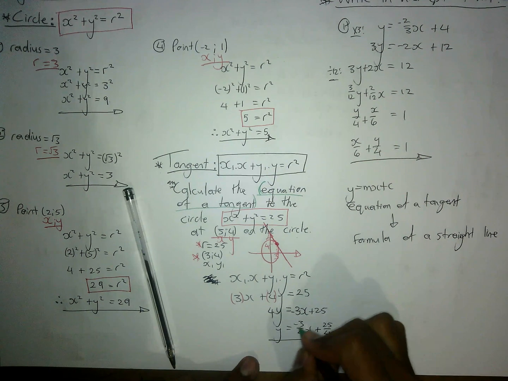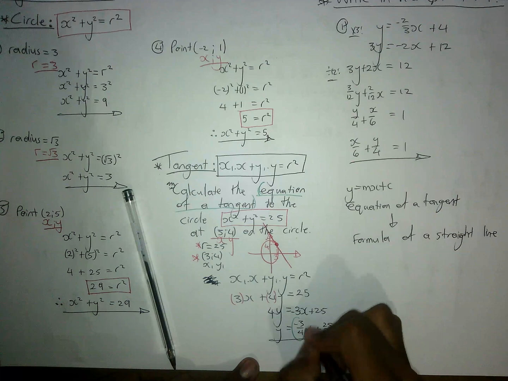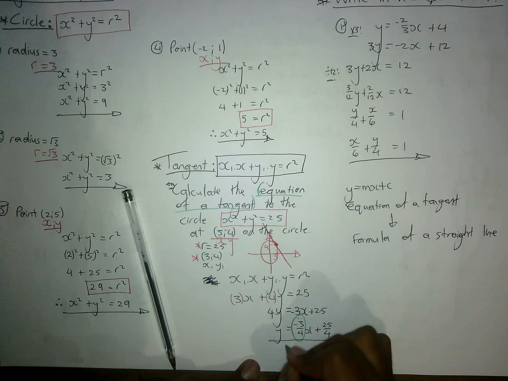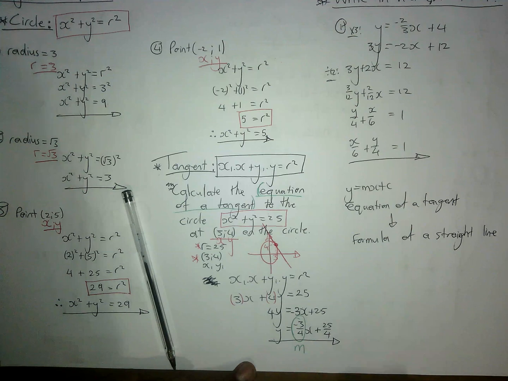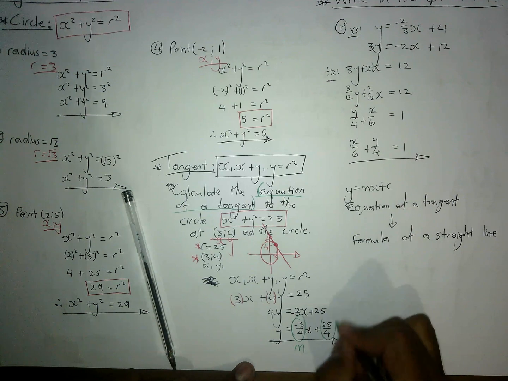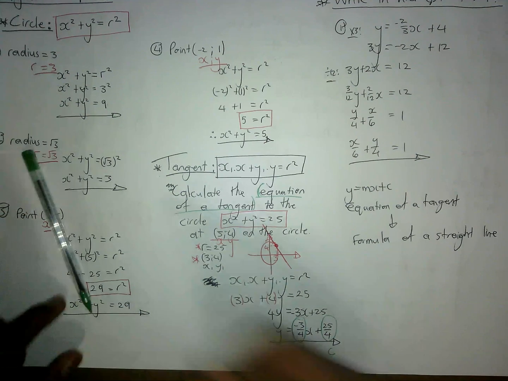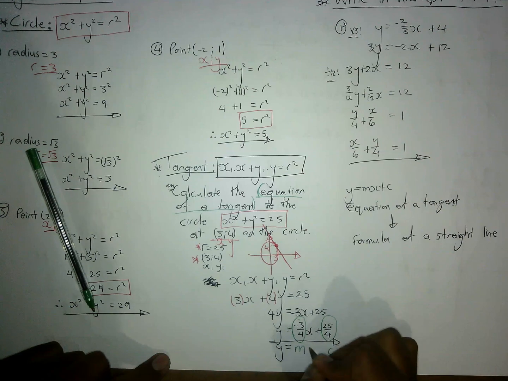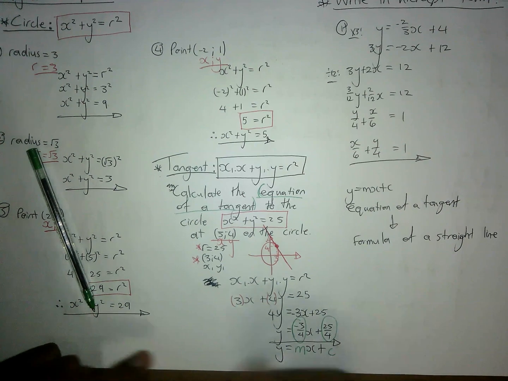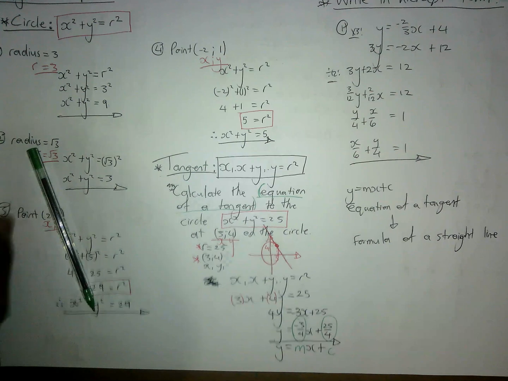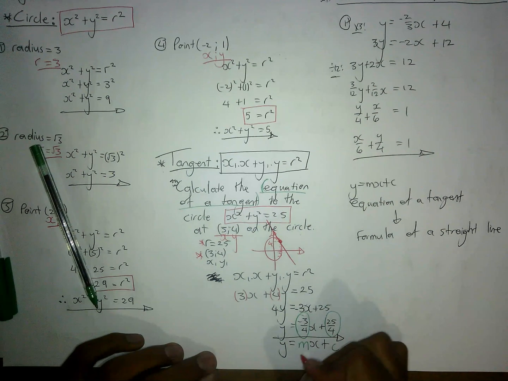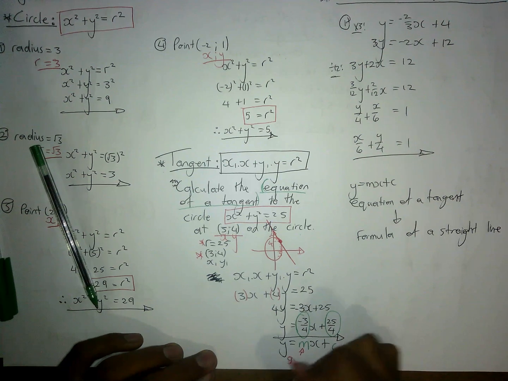This 3 over 4 we know is our m value. We know that this 25 over 4 is our c value. But what I didn't tell you guys yesterday was that, you know that m is our gradient, right?